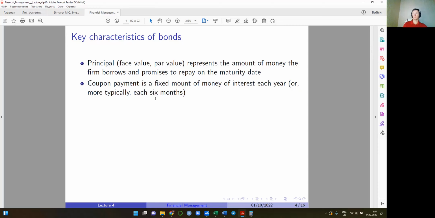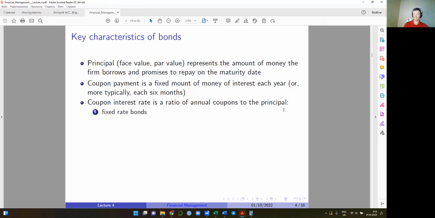Coupon interest rate is a ratio of annual coupons to the principal. So if you want to compute the interest rate, you need to divide annual coupons by the principal. There might be different types of bonds according to coupon interest rate. There might be fixed rate bonds when the rate is constant.